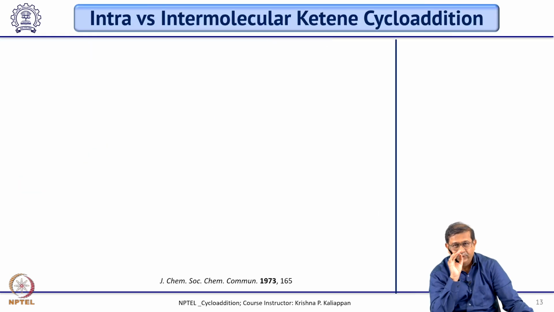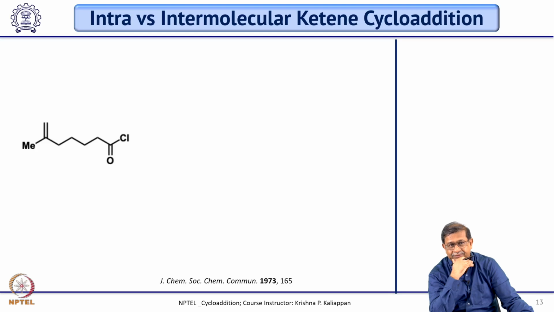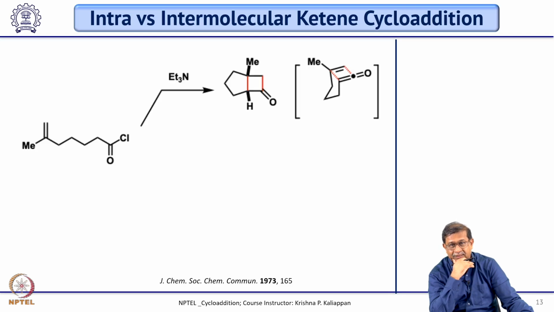Now see, you have a substrate which can undergo intramolecular ketene cycloaddition as well as intermolecular ketene cycloaddition. For example, you take this substrate and treat with triethylamine. It goes through this transition state and gives this bicyclic compound.